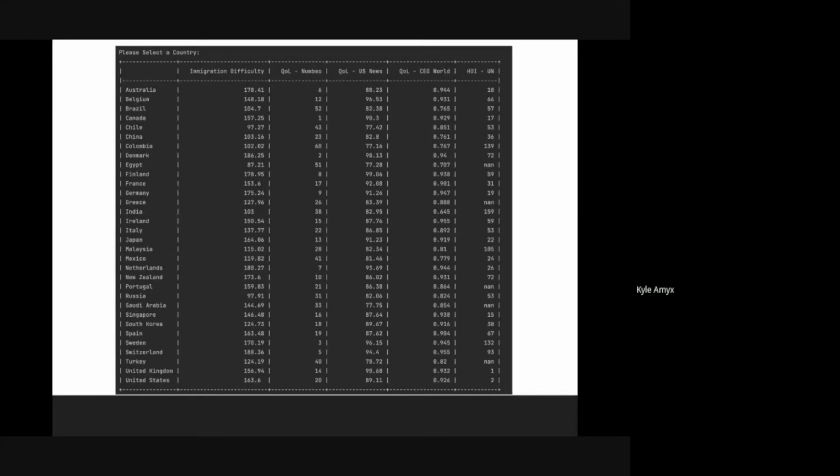With this list of countries, we've included some metrics from a couple of different sources, such as quality of living from a few different sources, as well as the Human Development Index from the UN, as well as the ranking of the difficulty to immigrate to that country.